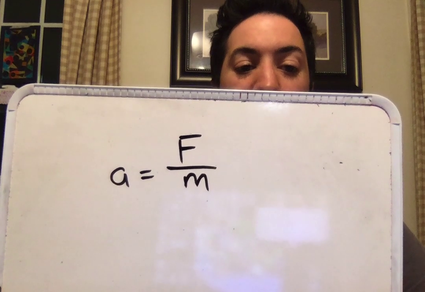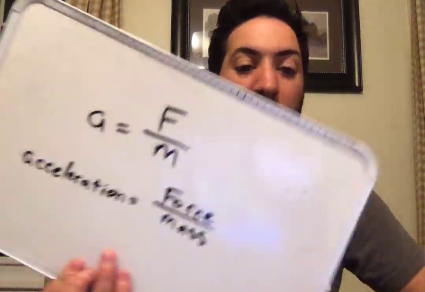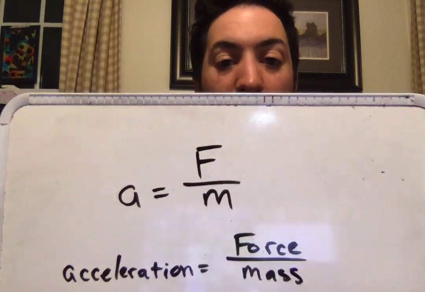Now what does that mean? That means acceleration equals force divided by mass. Acceleration equals force divided by mass. That's Newton's second law.